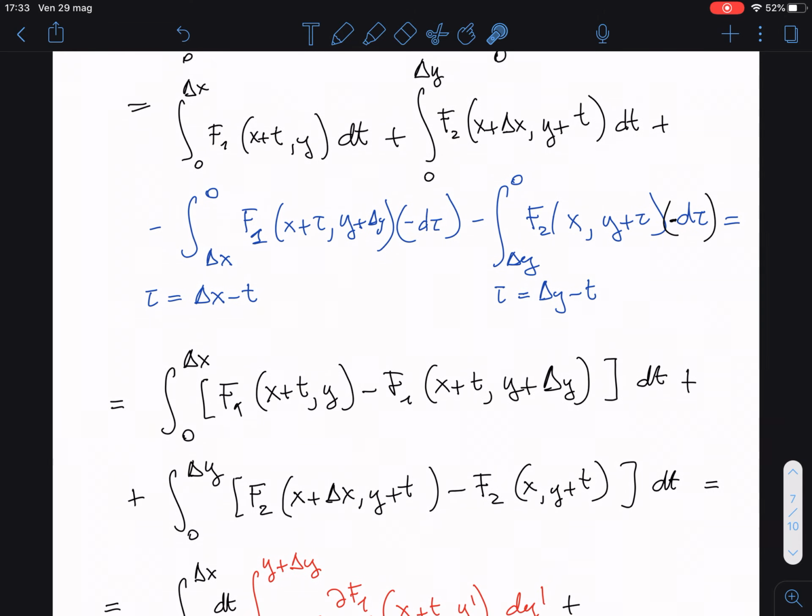Let's move one step forward. And so we do two things. The first thing we do is collect terms referring to the same component of the field, which means in this case the two terms referring to the horizontal sides, the first and the third side of the rectangle.